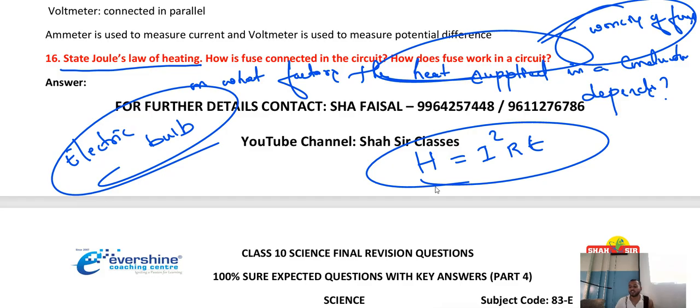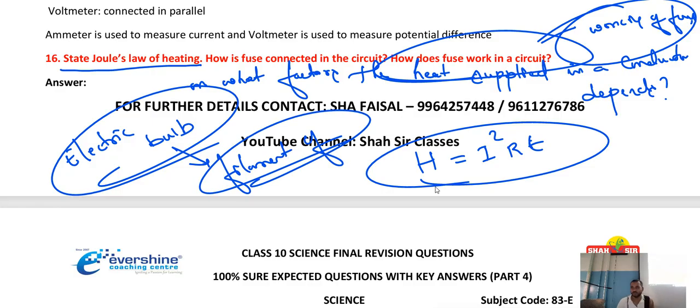Understood? Now, in the filament of an electric bulb, which material is used? Tungsten. Tungsten is used in the filament of an electric bulb. Don't forget this name.